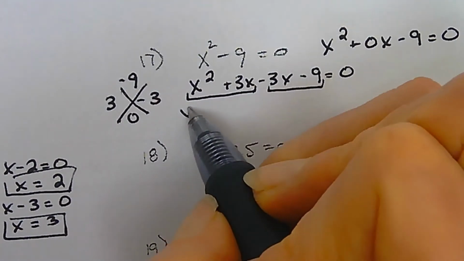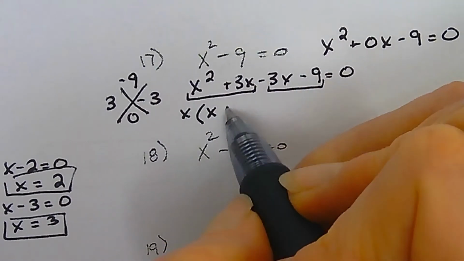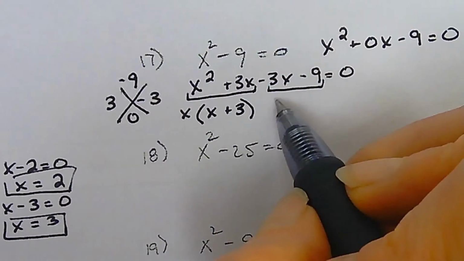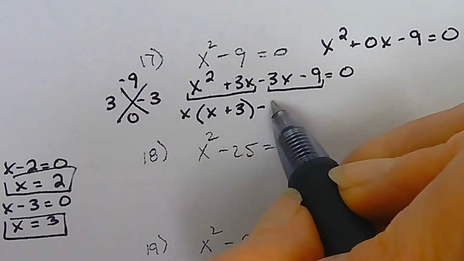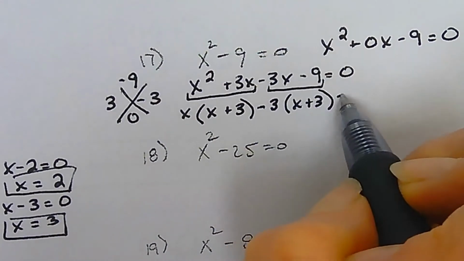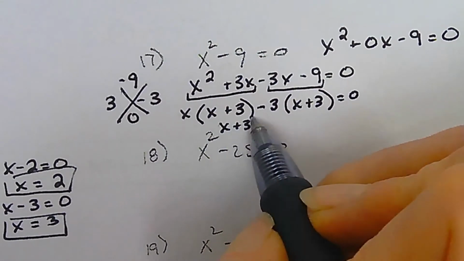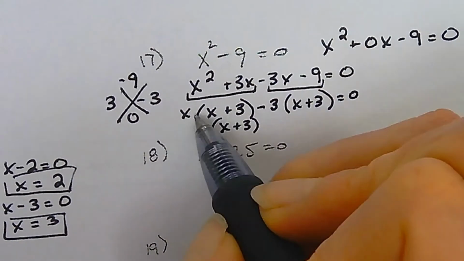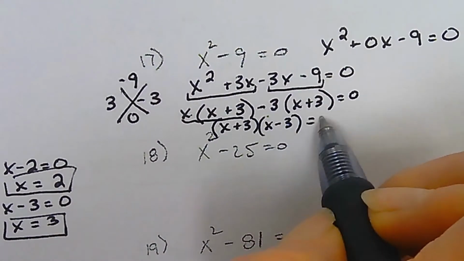I can take an x, and I'm left here with x. x times x is x squared plus 3. Now I need to pull out a negative number here, because this is negative. Negative 3 times x plus 3 equals 0. Take the x plus 3 binomial out, and then I'm left here with x minus 3 equal to 0.